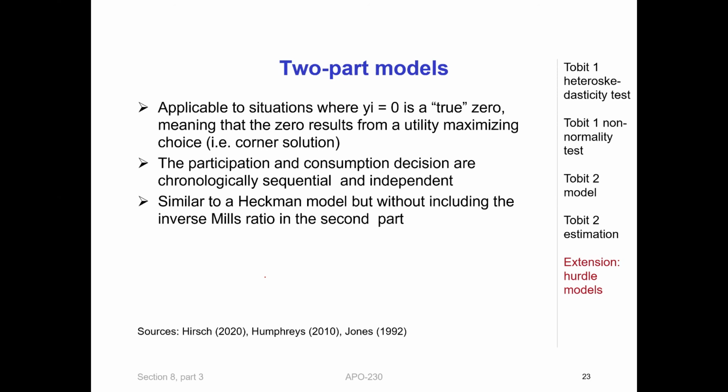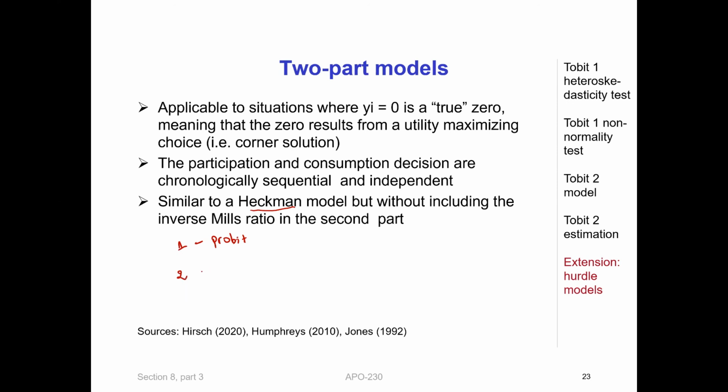So in this case, we could apply a procedure similar to the Heckman or Tobit 2 model, in the way that first we estimate the Probit model to explain the probability of joining or not joining, consuming or not consuming, participating or not participating.